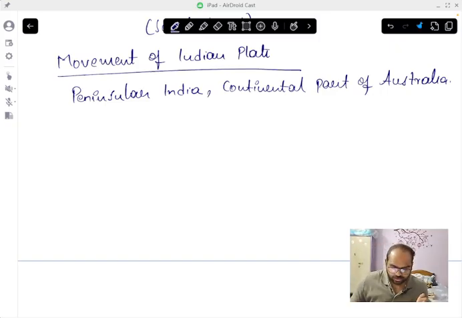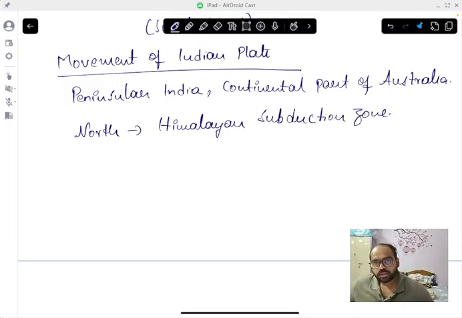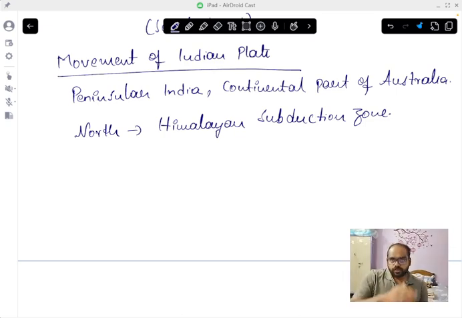What were the boundaries of our Indian plate? The north boundary extends up to the Himalayan subduction zone. The Himalayas are not confined to only Jammu and Kashmir, Uttarakhand, or Arunachal Pradesh. Himalayas were beyond that.